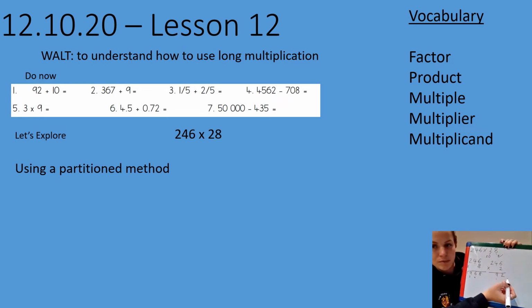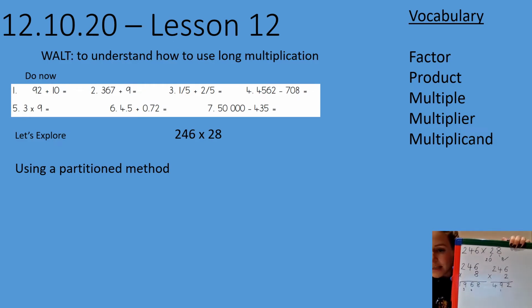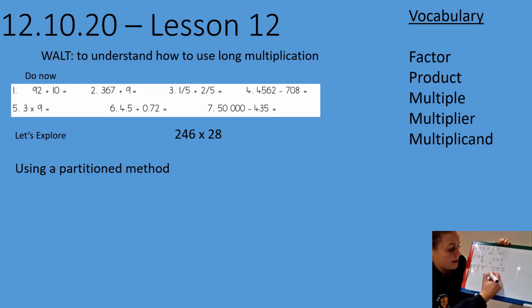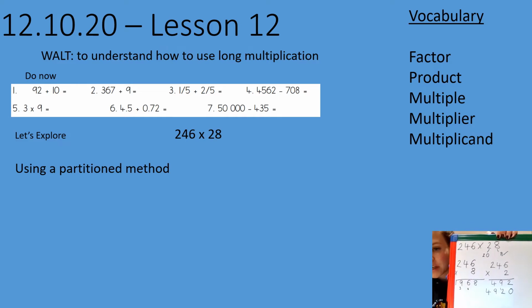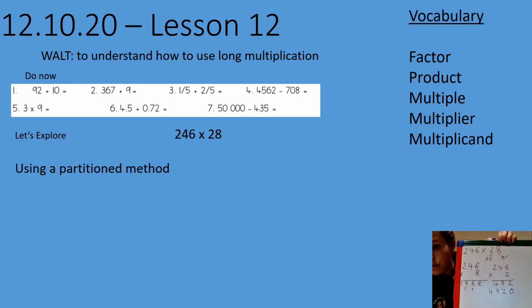And then 200 multiplied by 2 is 400, so 492. Now let's not forget that that's a 20 and not a 2. So let's make our product 10 times bigger here. 492 times 10 is 4,920.